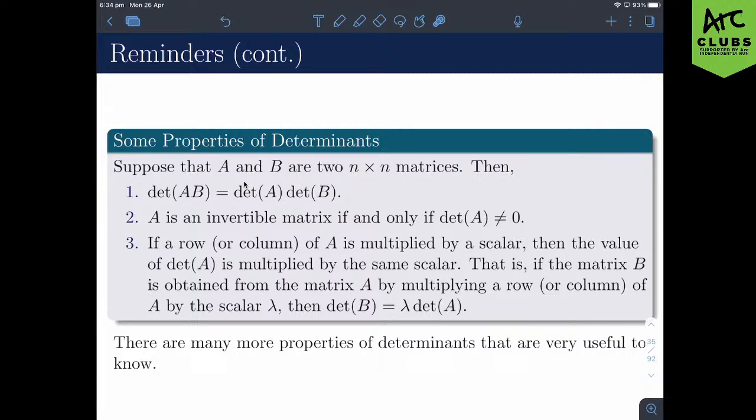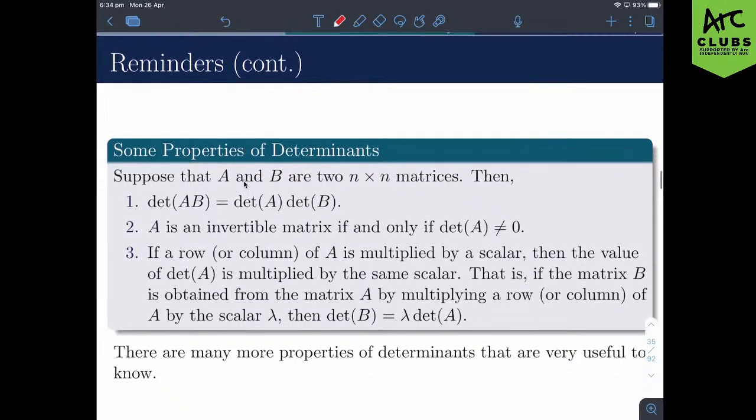So suppose that A and B are two n by n matrices, then the determinant of their product is equal to the product of their determinants. Next, A is an invertible matrix if and only if the determinant is non-zero.